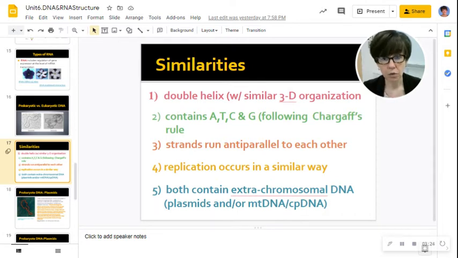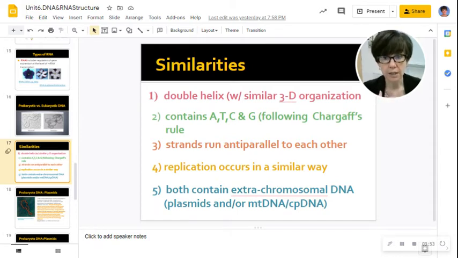Both prokaryotes and eukaryotes will have what we refer to as extra chromosomal DNA. In a eukaryote, we sometimes refer to that as non-nuclear DNA because our DNA is encompassed in a nucleus, but extra chromosomal just means not the main chromosome. So in a prokaryote, as we'll see in just a minute, they will have extra pieces of DNA called plasmids that are separate from their main genome.